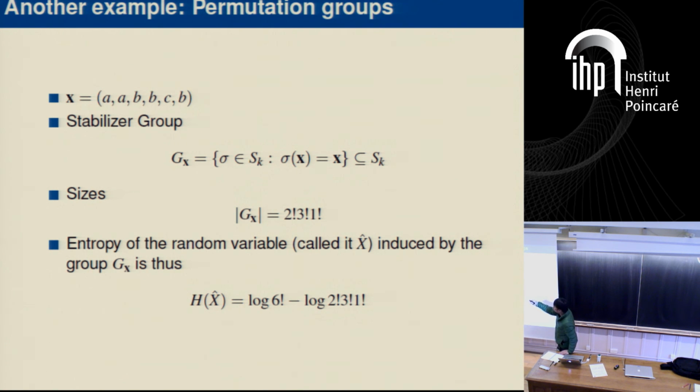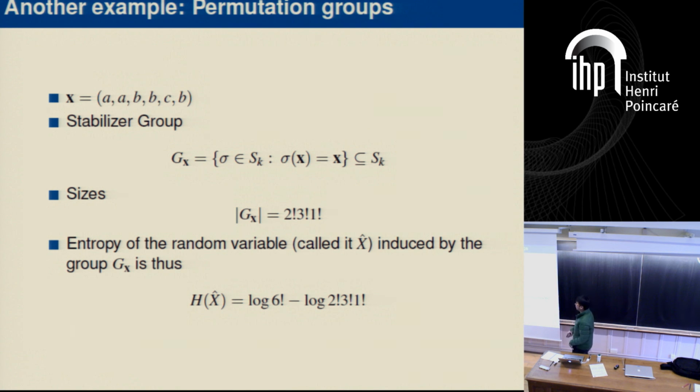Otherwise, you will swap the sequence with another symbol, and you won't get the same sequence. So you have 2 factorial choices for how you swap these indexes. Look at the B. You have 3 positions here. You actually have 3 factorial choices of permutation. You can swap the indexes, where all the Bs will still be in the same position. And you have 1 factorial for C. Then you can calculate that the size of this group is 2 factorial times 3 factorial times 1 factorial.